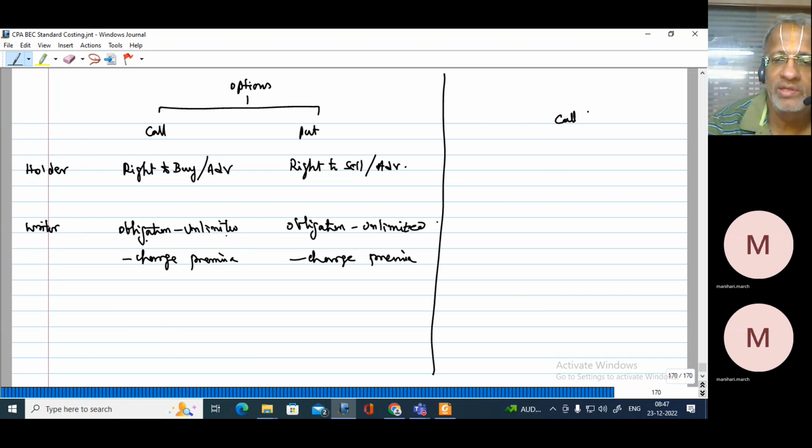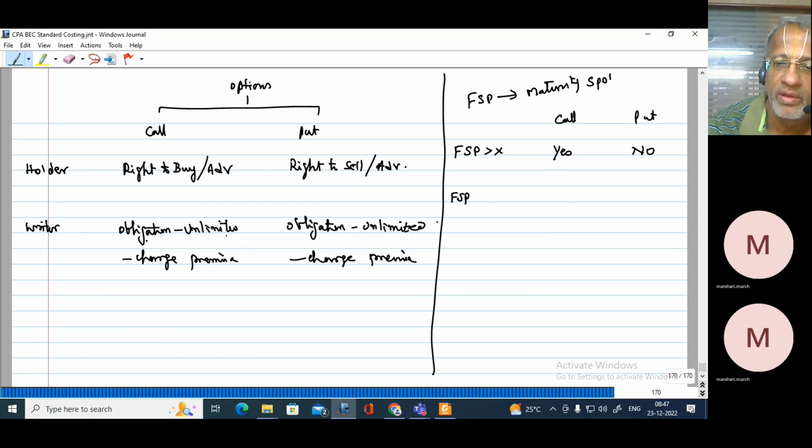So, as far as call and put are concerned, when future spot price is greater than exercise price, yes, the call will be exercised; the put will not be exercised. FSP stands for future spot price, the spot price at maturity.